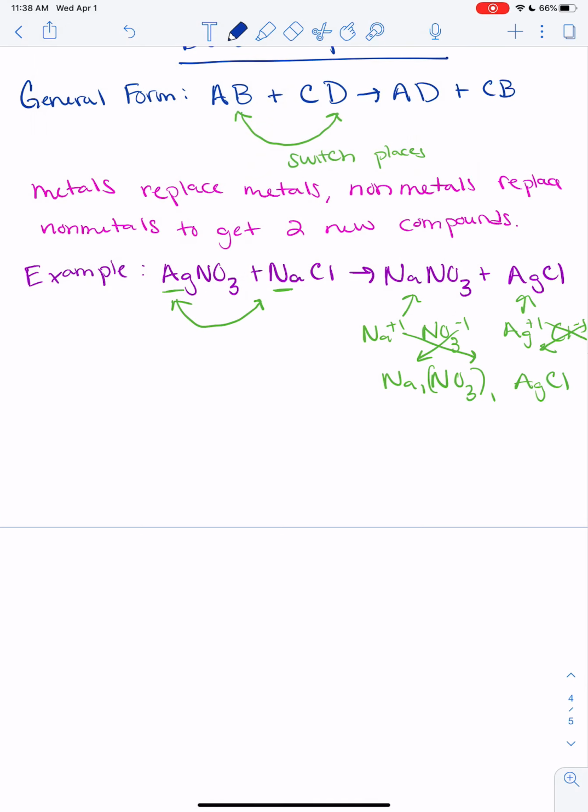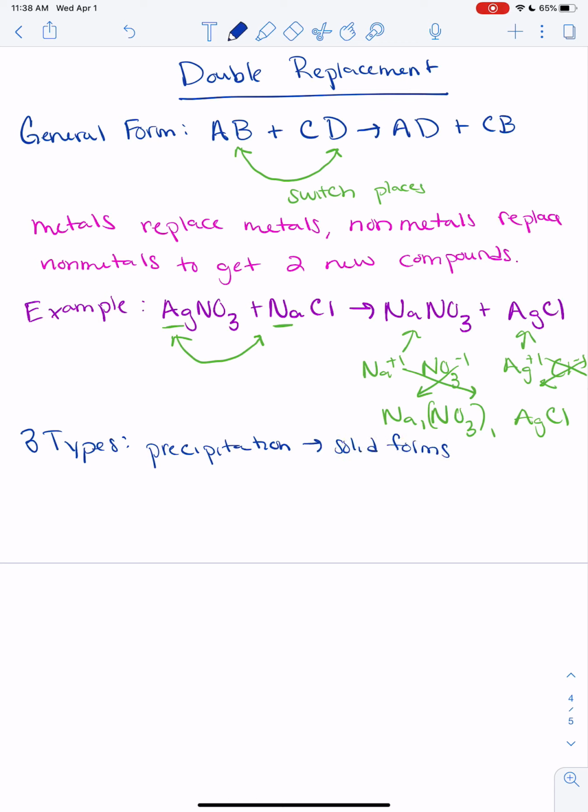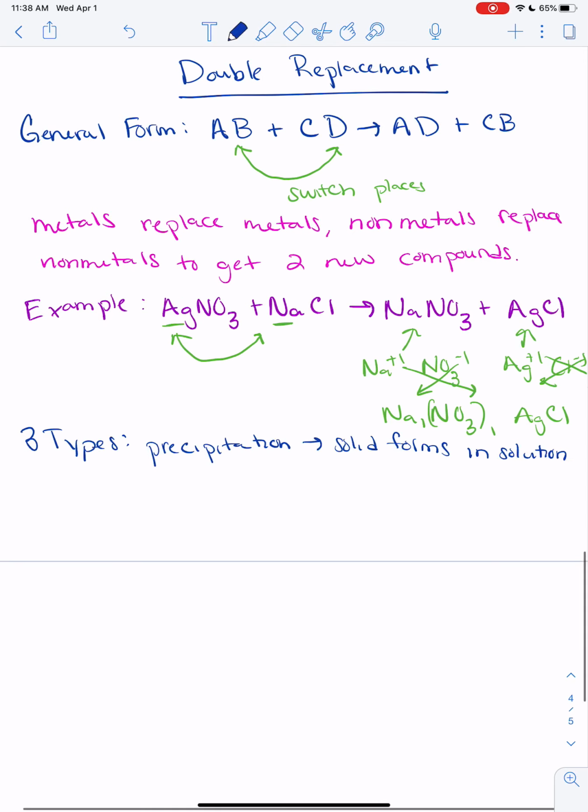All right, something else about these double replacement reactions is that there are 3 types. There's precipitation, where a solid forms in solution. In solution means like we had two aqueous or liquids and then they form a solid.